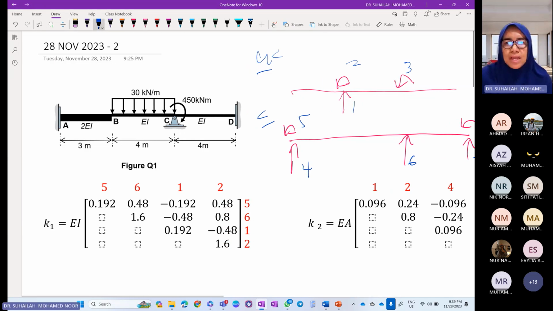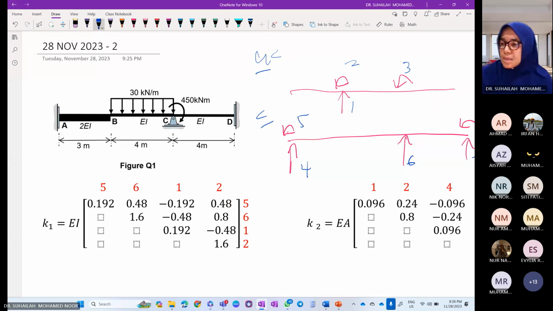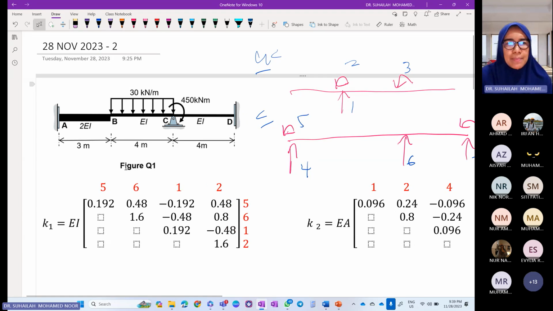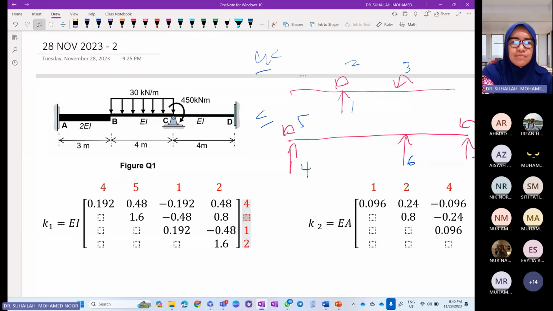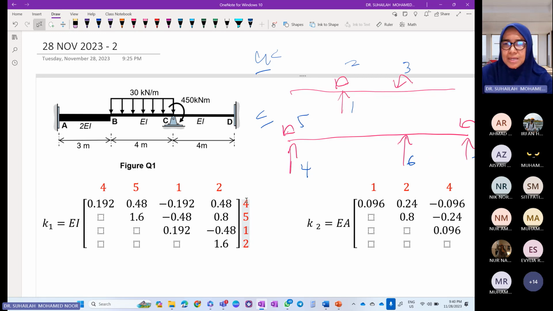So for K1, the label will be 4, 5, 1, and 2. So start by labeling the degrees of freedom first. The degrees of freedom must be labeled according to unconstrained and constrained. Constrained means support.